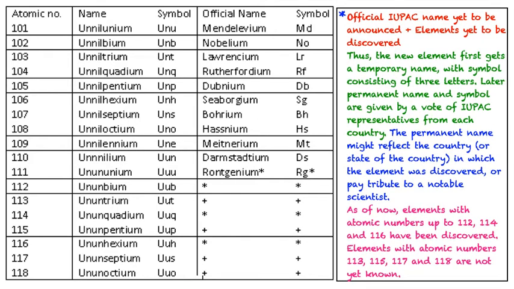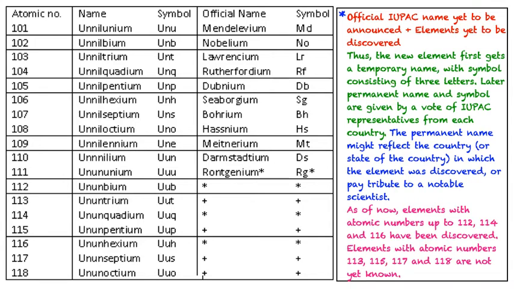If a star is given in the table, it means the IUPAC name is yet to be announced. For plus, the element is yet to be discovered, and for star, the element is discovered but the official name is not yet announced. Thus, a new element first gets a temporary name with a symbol consisting of three letters; later a permanent name and symbol are given by the vote of the IUPAC representative from each country.